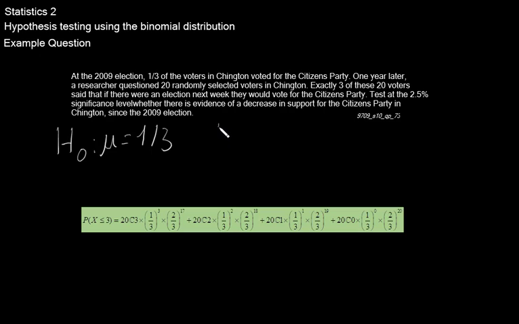Now, the alternative hypothesis: because we are testing whether there is evidence of a decrease in support, the alternative hypothesis would be that μ is smaller than 1/3, because there is a decrease in support. And the significance level is 2.5%.